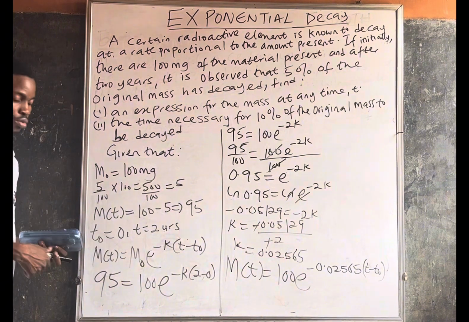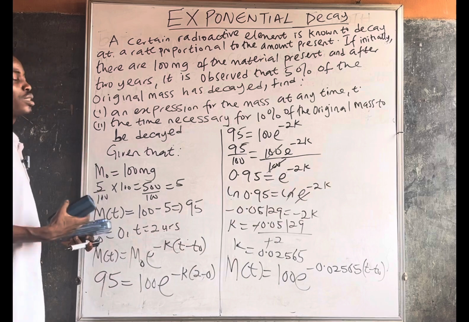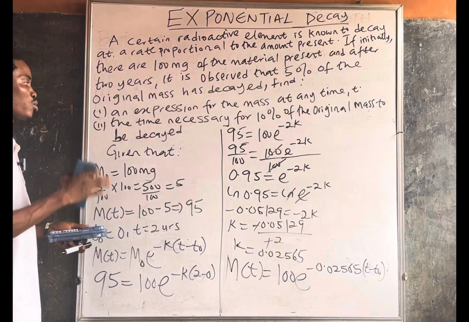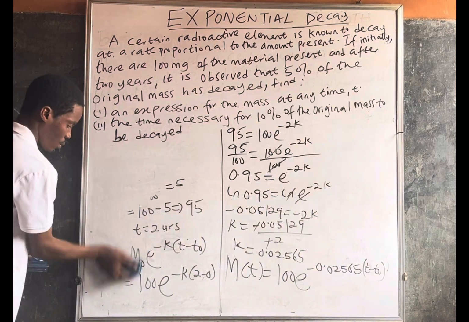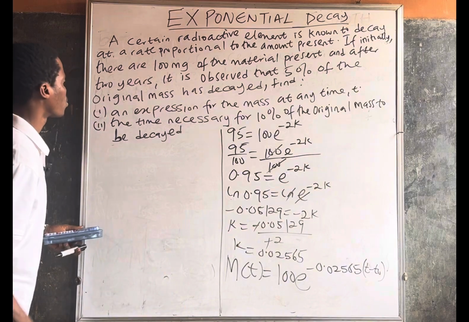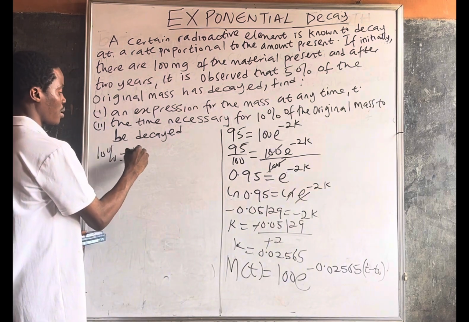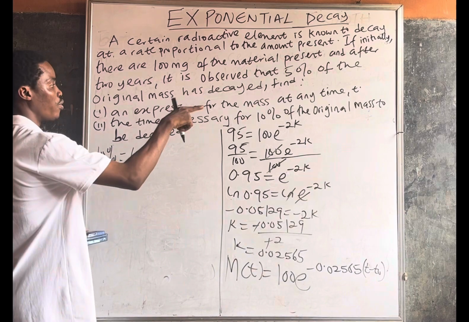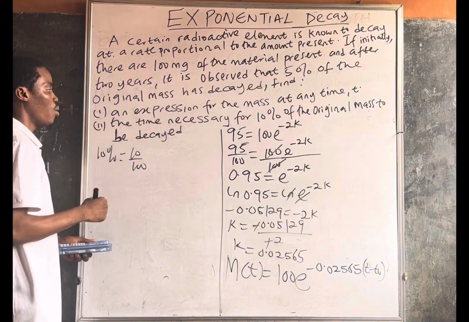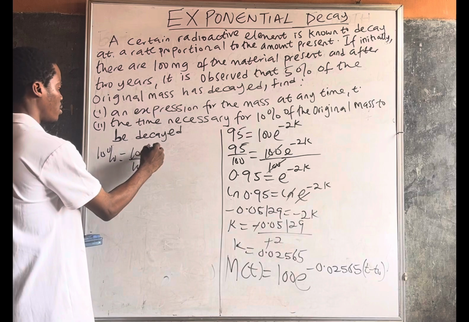So number 2, the time necessary for 10% of the original mass to be decayed. So 10% is 10 all over 100 of the original mass. What's our original mass? We have 100.